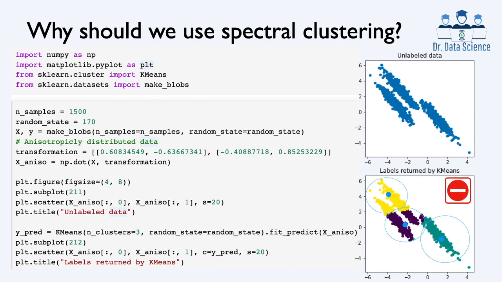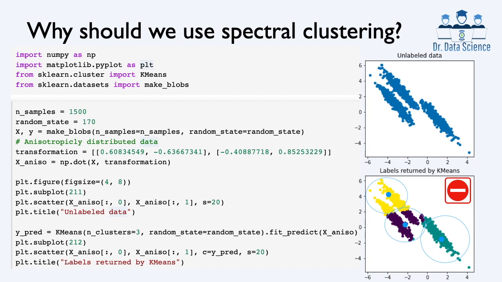The reason is that the K-means clustering algorithm finds 3 cluster representatives or centroids. Then we have these spherical distributions around each centroid that tell us which centroid each data point belongs to.